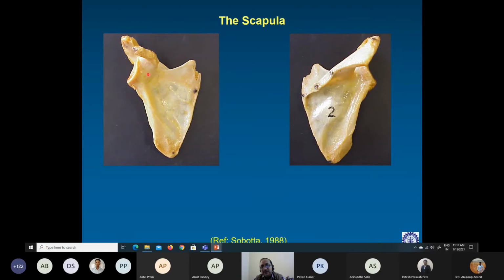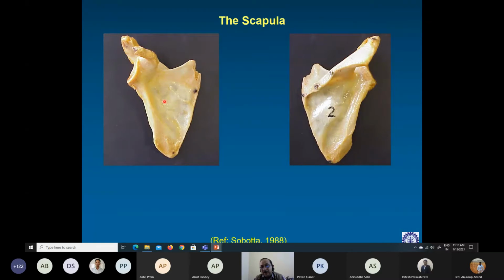Here is the glenoid, and there is the acromion here. The coracoid process is here. This is the shoulder blade, which is a very thin, laminated type of structure.